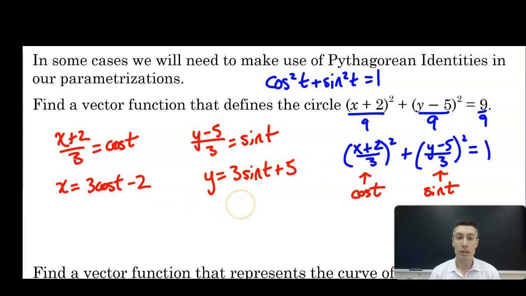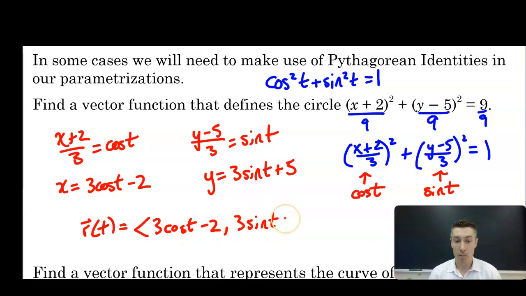And there we have our parameterization. Now here they don't specify a direction of travel, so we're good with this definition. If they did, it would just be something that we have to pay attention to, and we might have to adjust our parameterization, our vector function, accordingly, right? So r of t is ⟨3 cos t minus 2, 3 sine t plus 5⟩.